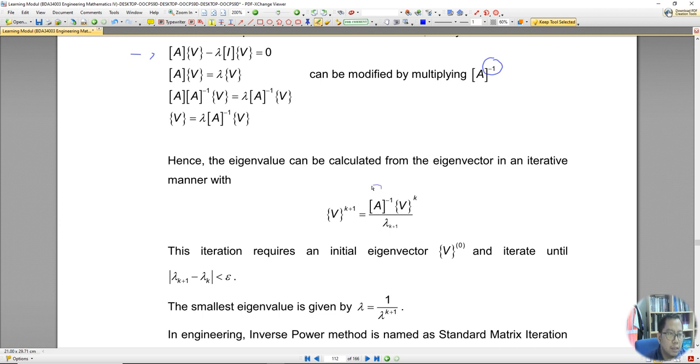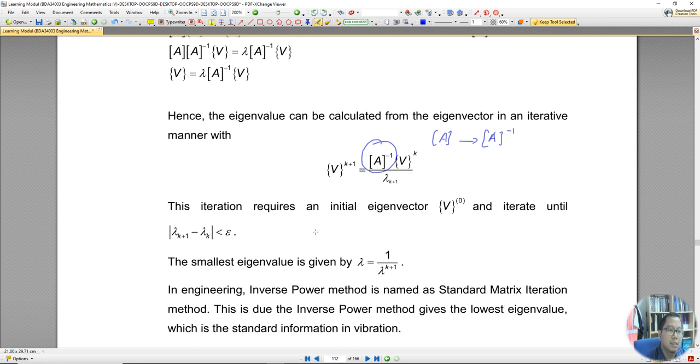So the difference is only this. Previously we used the original given matrix A, but now we have to convert matrix A into its inverse matrix. The rest of the process is the same as in the previous lectures.